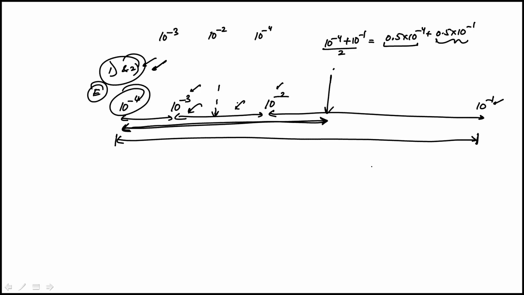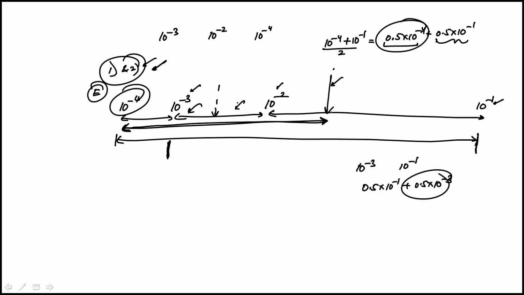And then we'll do the same thing with statement 2. The size of the particle is closer to 10 to the minus 3 than 10 to the power minus 1. Again, their halfway point is going to be 0.5 times 10 to the minus 1 plus 0.5 times 10 to the minus 3. And this one will be to the right of that because this piece is smaller than that.